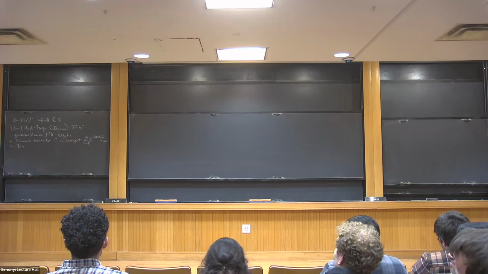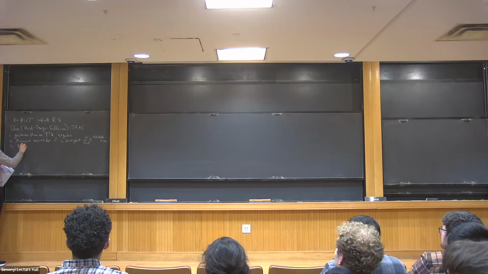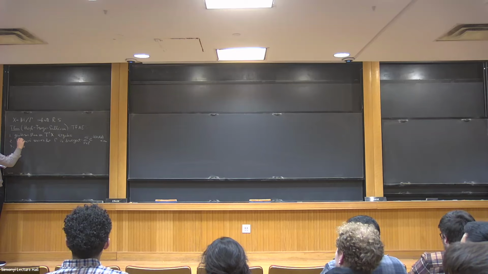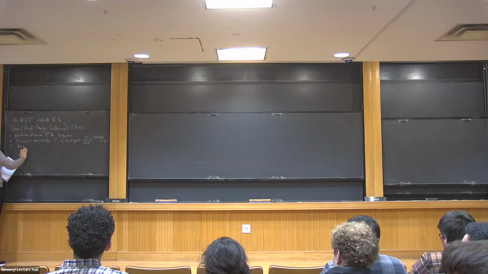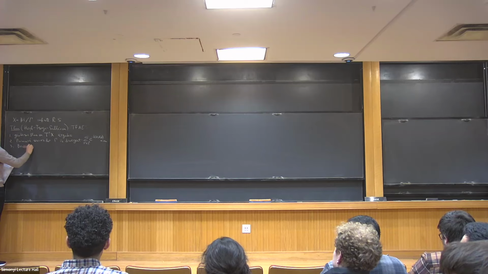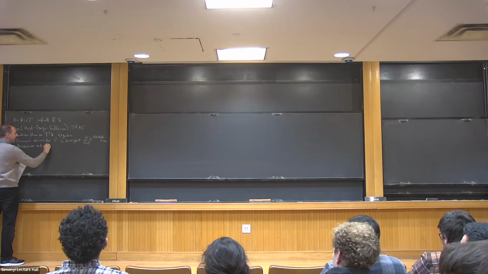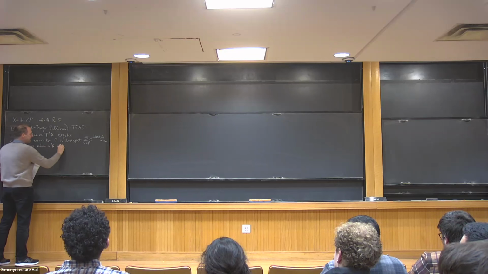All right. So the third property is Brownian motion. Brownian motion on X is recurrent.